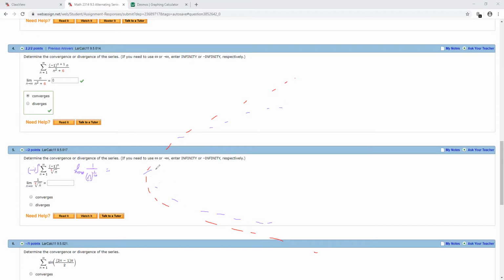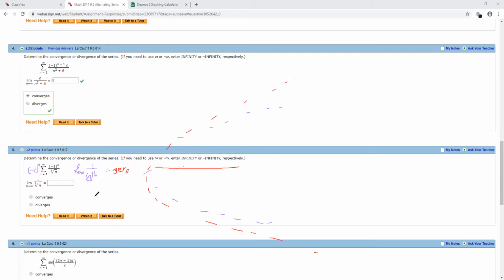Or is it alternating but getting closer and closer to zero? You know, like here's the x-axis. So what happens when you look at 1 over infinity? The sixth root of infinity is still infinity, and what's 1 over a larger and larger number? 0. That means there's a chance that this series could converge, huh?